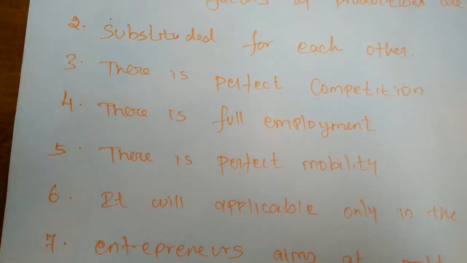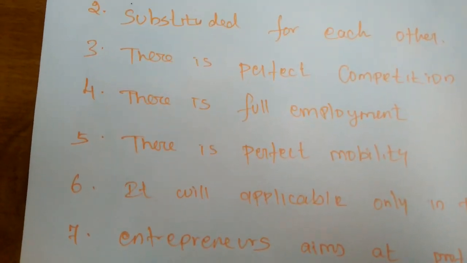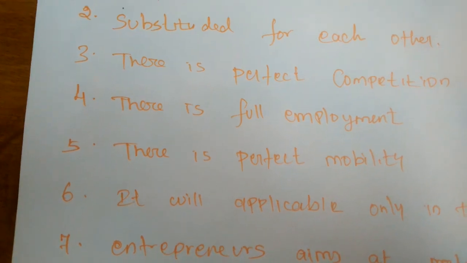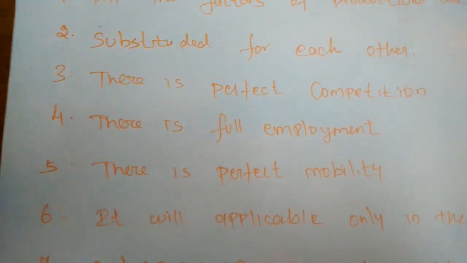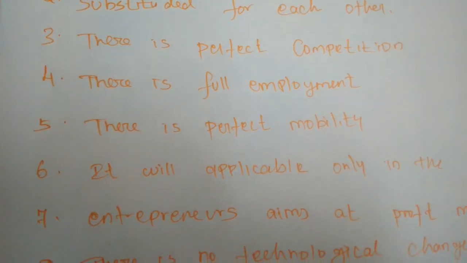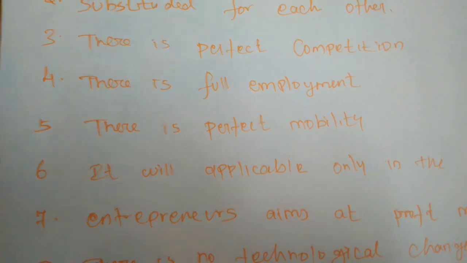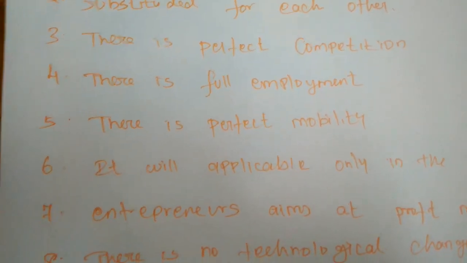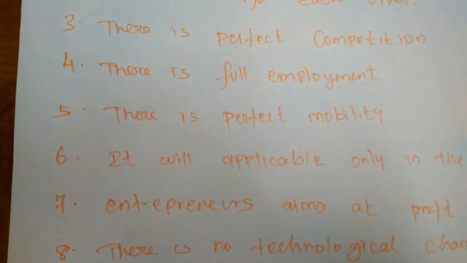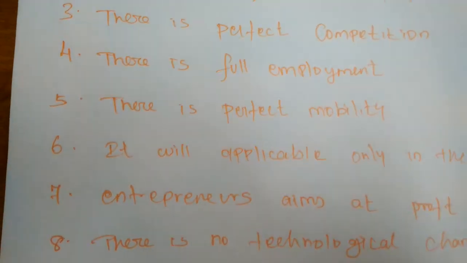Next, there is perfect competition both in the factor market and the product market. Perfect competition means the availability of the factors of production will be very easy. In the factor market we get the factors of production, and in the product market we consume under perfect competition.